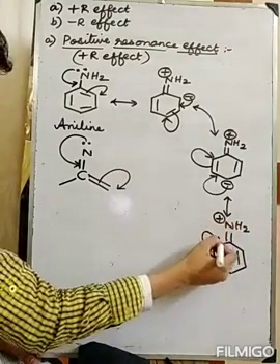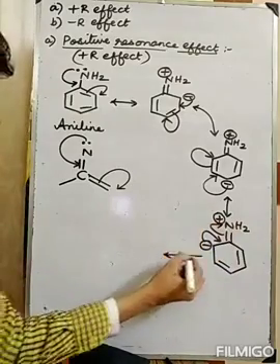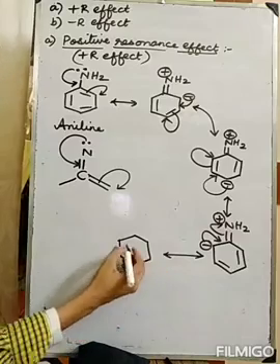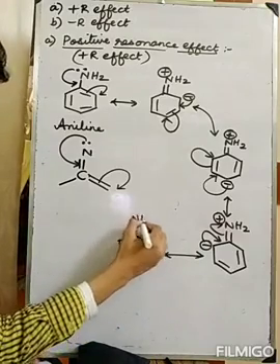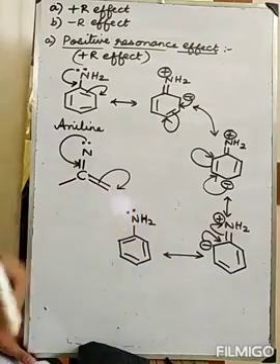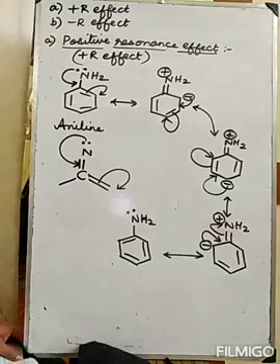So this will come here, and again this will shift back here. A single bond, the bond will come here, NH2, and again the 2 electrons will go up. So this is the resonance structure of aniline.